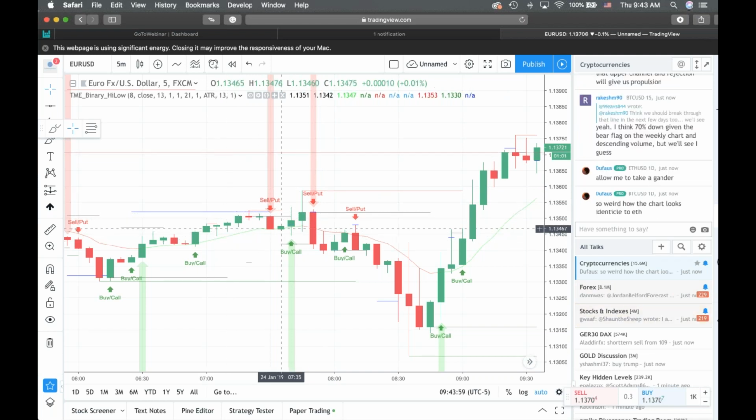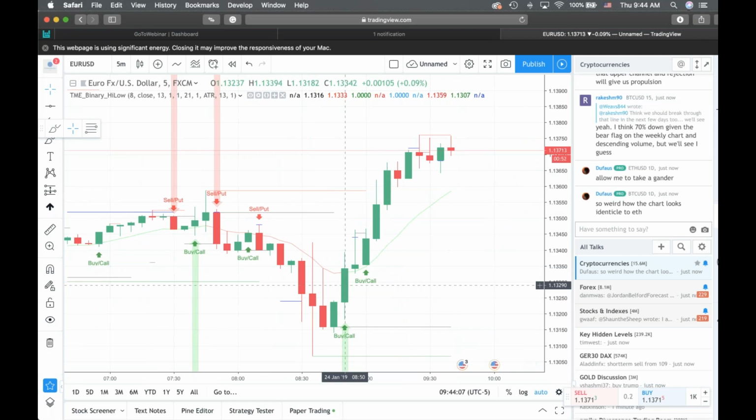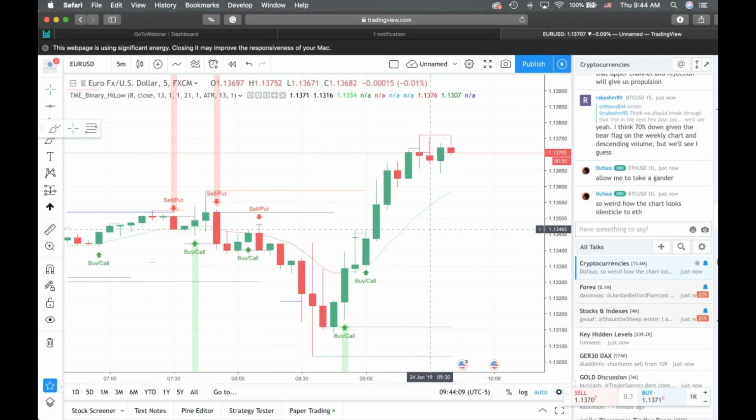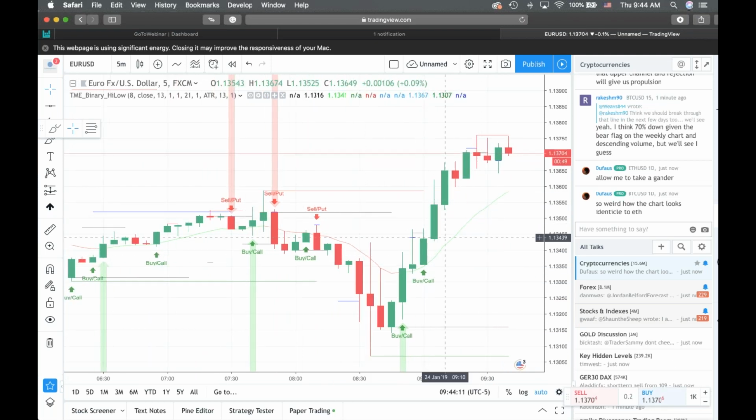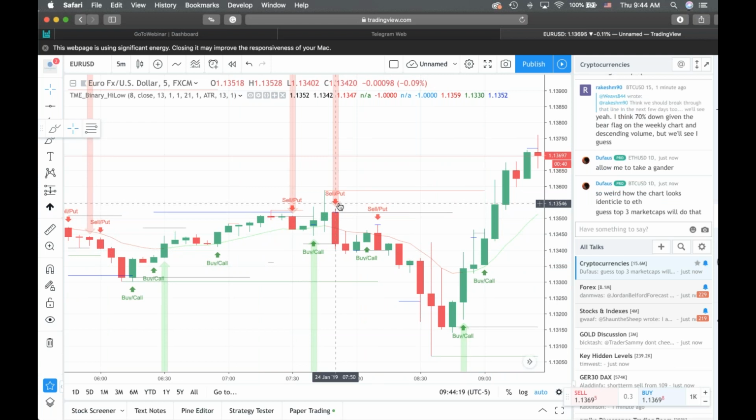And you can actually ignore these lines that are following the price action. It's kind of meaningless. It's just to show you the overall picture of the current trend. So it doesn't play a role. You can basically ignore it and just focus on the candles, the arrows, and the horizontal line. Now let's go into practice.